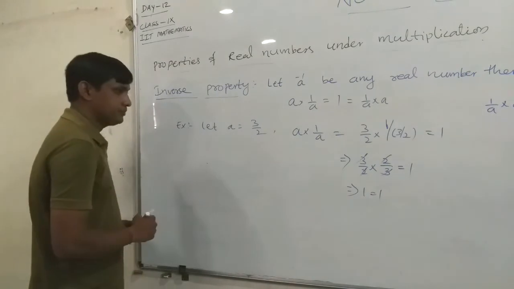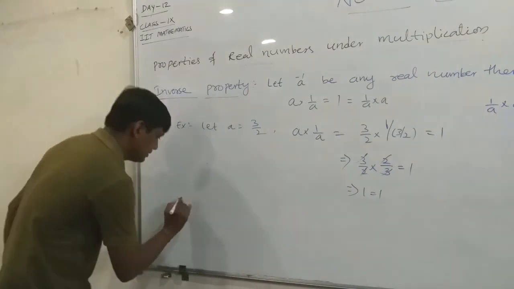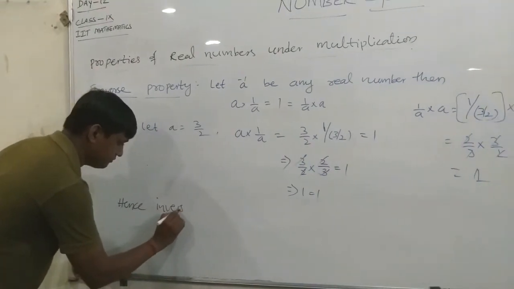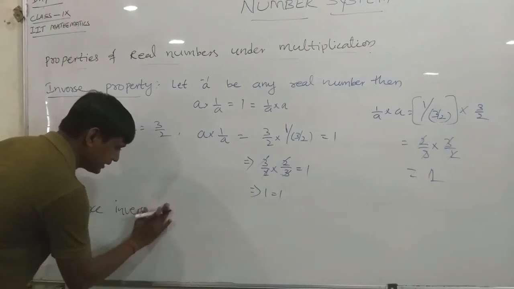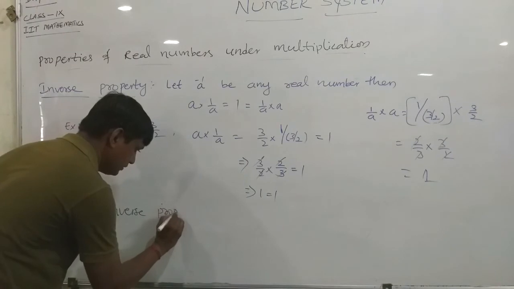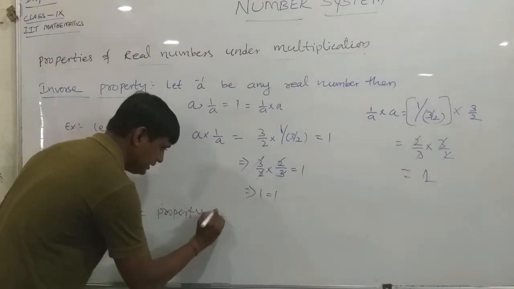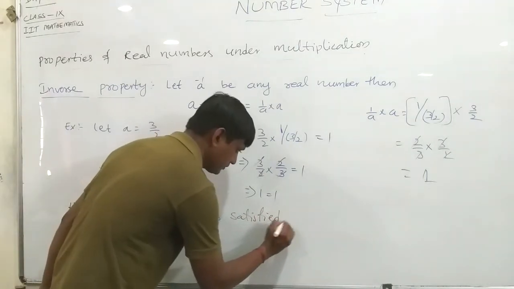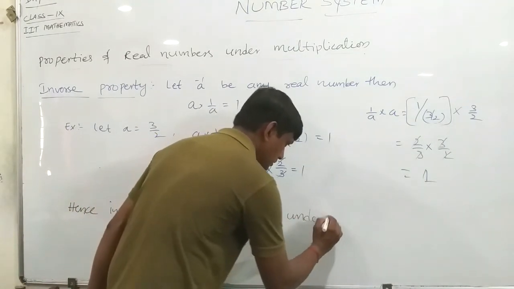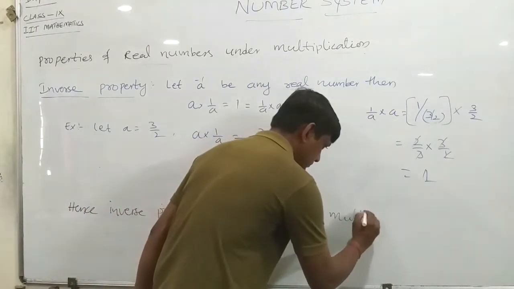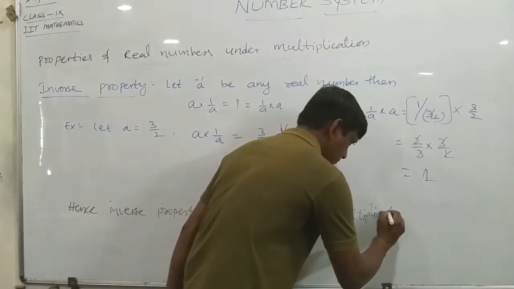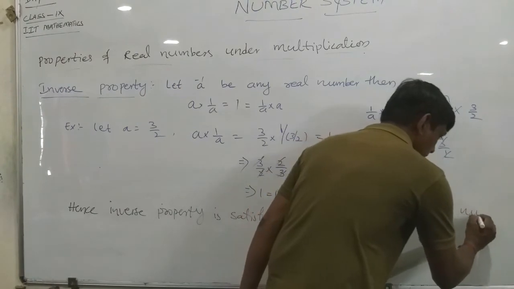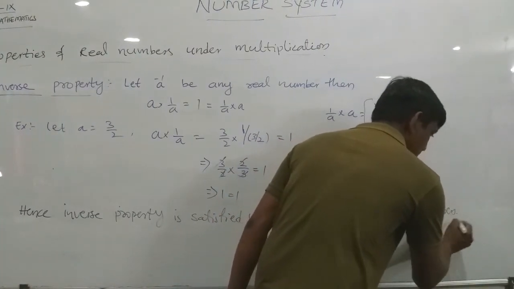Hence, the inverse element or inverse property is satisfied under multiplication in real numbers.